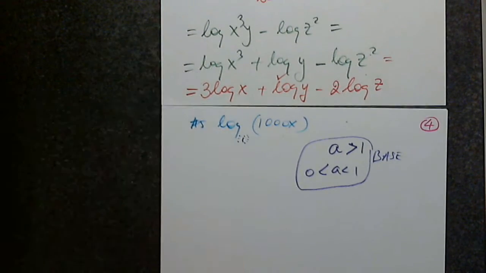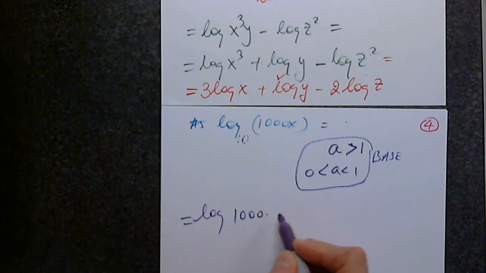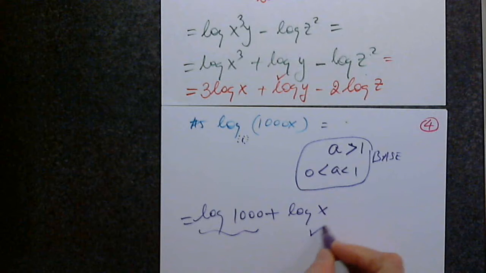Perfect. So then, the only thing I can do here is say log of 1,000 plus log x. Why? Because I have a product inside log, which is 1,000 times x. This is done, but this can be simplified.